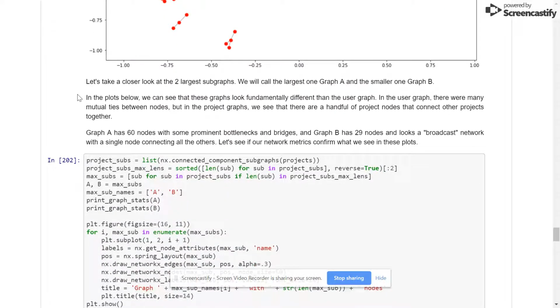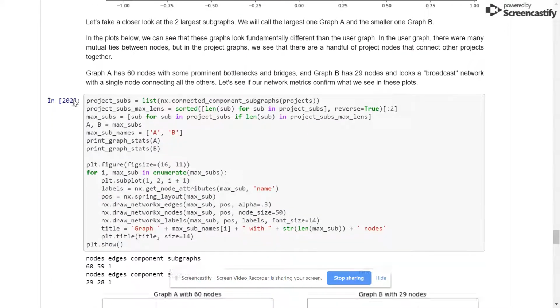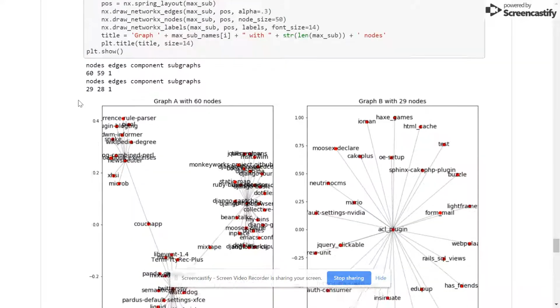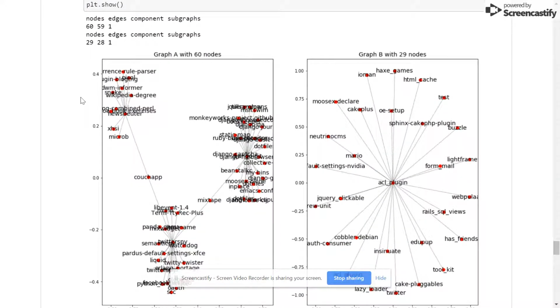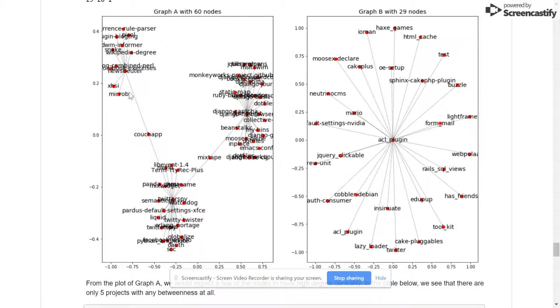Now, let's take a closer look at the two largest subgraphs here. We're going to call these graph A and graph B. From these two plots, we can see that these graphs look fundamentally different than the user subgraph.